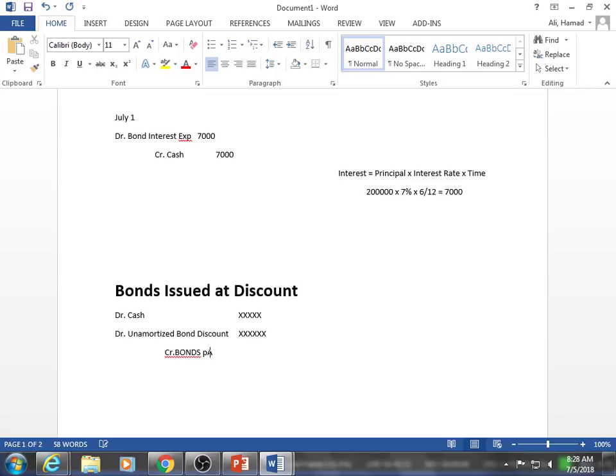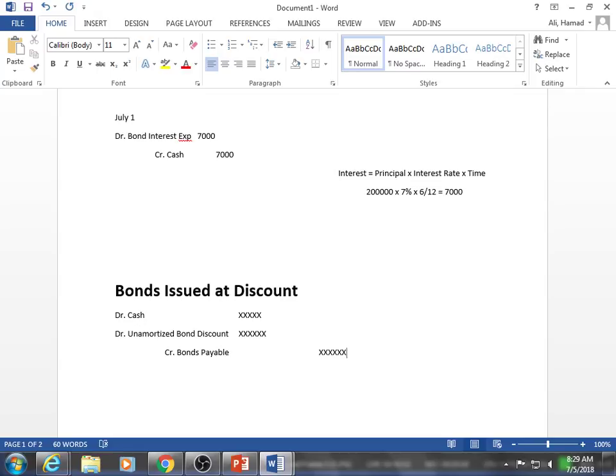So if a bond is issued at a discount, you debit cash, debit unamortized bond discount, and credit bonds payable.